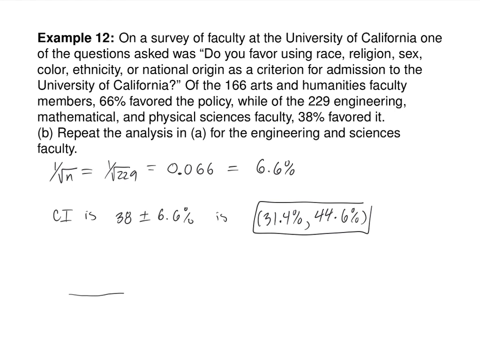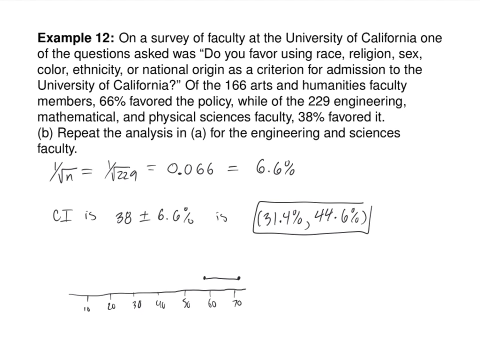Okay, so I'm just going to draw a little visual here. For the 10, 20, 30, 40, 50, 60. Okay, so for part A, our interval was 58.2 to 73.8. So 58 to 73.